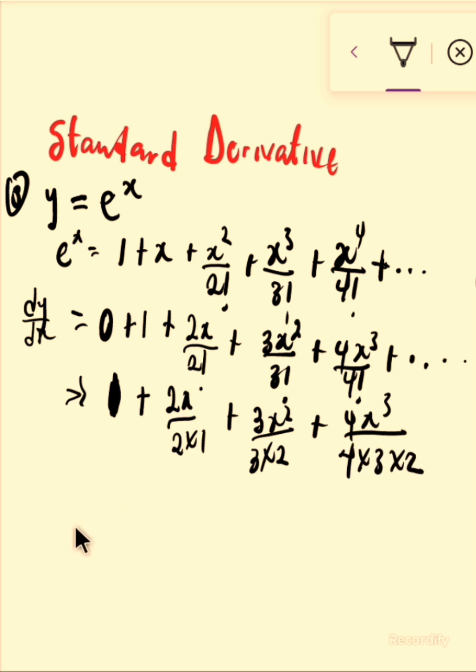Now 2 cancels 2, so I'm having 1 plus x. 3 cancels 3, so I'm left with x squared over 2. Then 4 cancels 4, so I'm left with x to the power of 3 over 3 multiplied by 2, that's 6. This is my dy/dx.